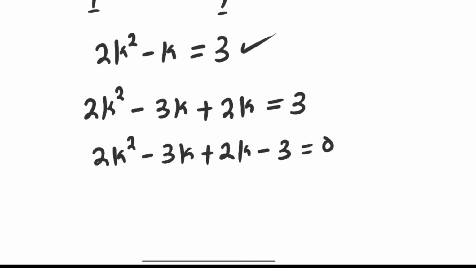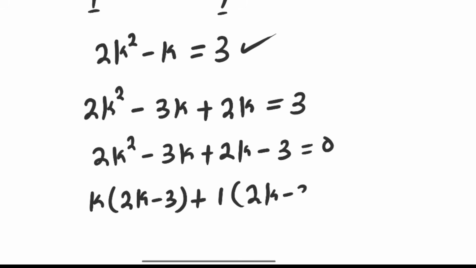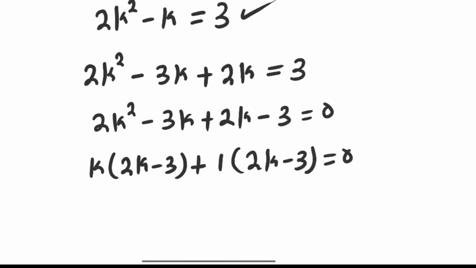Now here, let's factorize this. We have k bracket 2k minus 3 plus 1 bracket 2k minus 3 is equal to 0. You can see that 2k minus 3 is common.